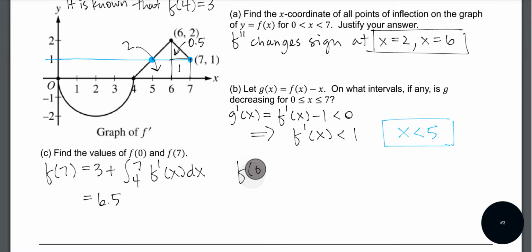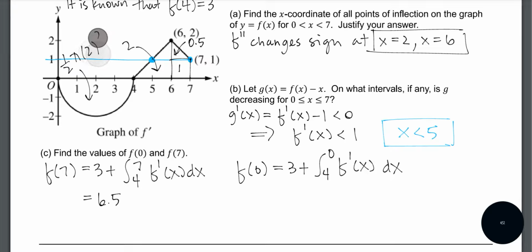If I want f of 0, that's going to be f of 4 plus the integral from 4 back to 0 of f prime. Okay, then I'm going to say, all right, well, what is this? This area is 1/2 pi radius of 2 squared, because it's like the other one, it's going to be 2 pi.